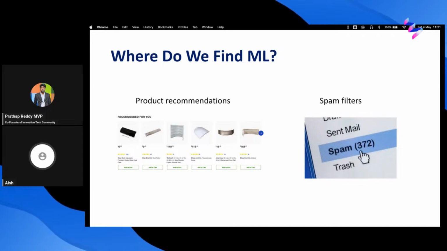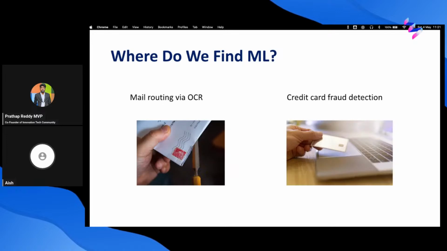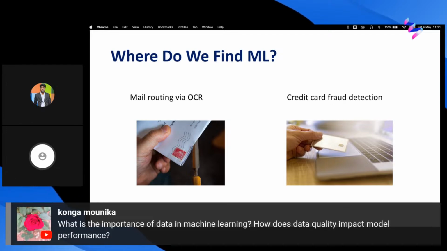Then in spam filters, the Google spam filter in Gmail uses a lot of ML. And then mail routing via the OCR. So we saw optical character recognition, where you identify which characters or numbers are there in an image. That is also machine learning, and also used to detect credit card frauds. So in a large number of places, we use a lot of machine learning right now as well.